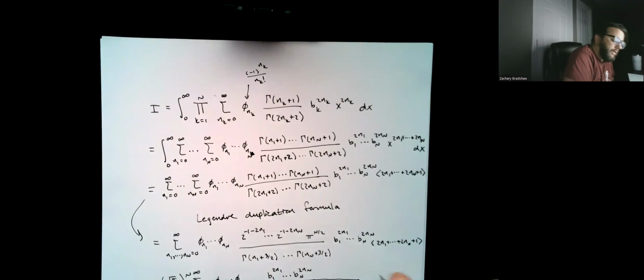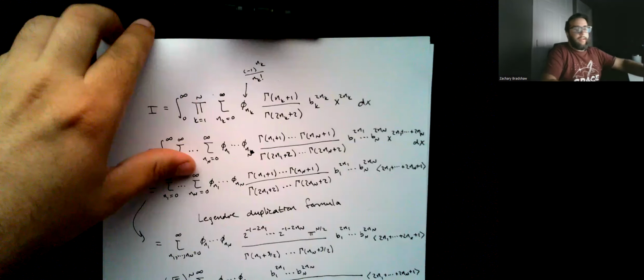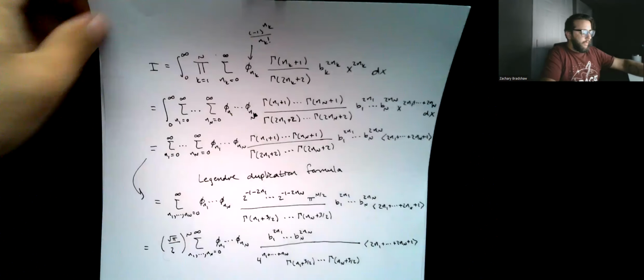And there's this 4 to the n1 through n capital N, gamma of n1 plus 3 halves through gamma of n capital N plus 3 halves. And I still have this bracket here. Okay, so that was just an effort to simplify the bracket series before I moved on. Sorry about that, I couldn't see.